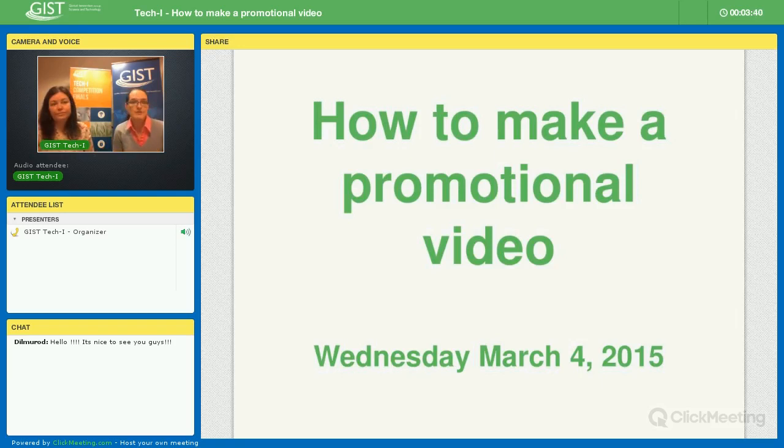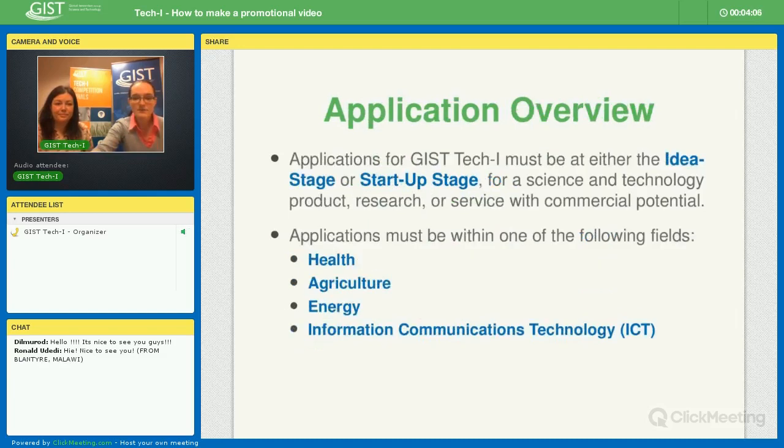This one is focused on your promotional video, and then we've got one in two weeks' time, just before the deadline day on the 18th, which is really to ask any final questions. If you've got questions about your executive summary or anything else, that's the time to ask. If you have any questions in the meantime, by all means send us an email, and those details will be available at the end of this presentation. Oh, I'm rushing ahead.